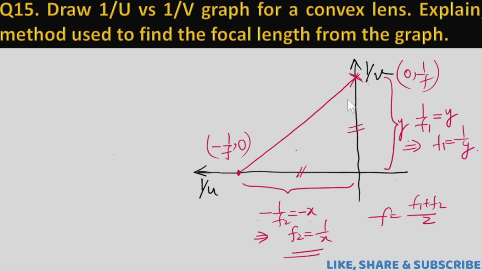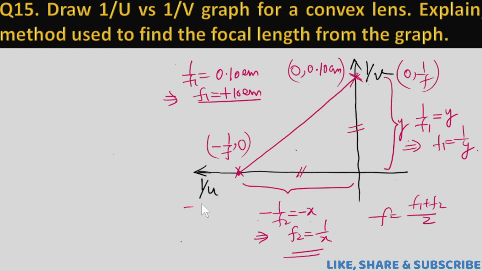For example, say the coordinate of this point happens to be 0 comma 0.10 centimeter inverse. Then 1 by f1 is equals to 0.10, which implies that f1 is equals to plus 10 centimeter. And minus 0.11 comma 0.